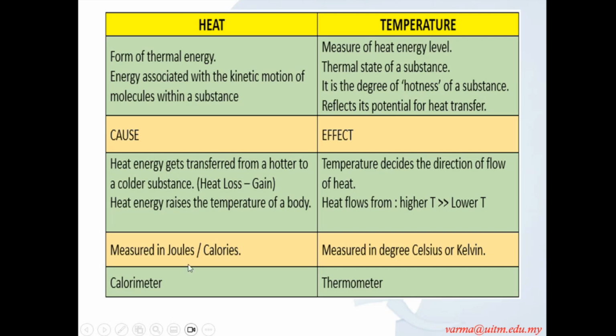Heat is measured in joules or calories by a calorimeter indirectly, while temperature is measured directly in degrees Celsius or Kelvin by a thermometer. If you take as a unit, temperature is a fundamental SI unit of Celsius and Kelvin, whereas heat is a derived SI unit.